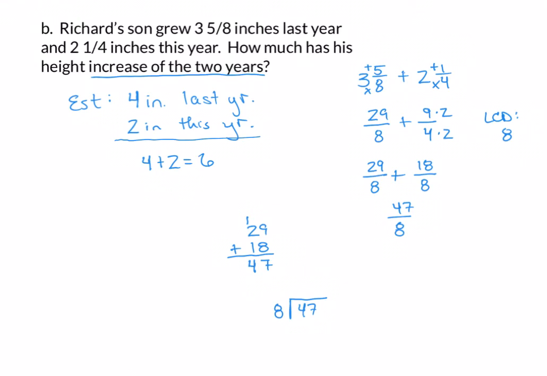Sorry, that is not right. That gets me to 48. We get 5 times. 5 times 8 is 40. And if we subtract, we get 7. So this is going to equal 5 7/8 inches.